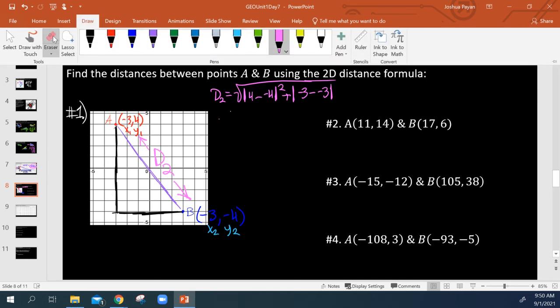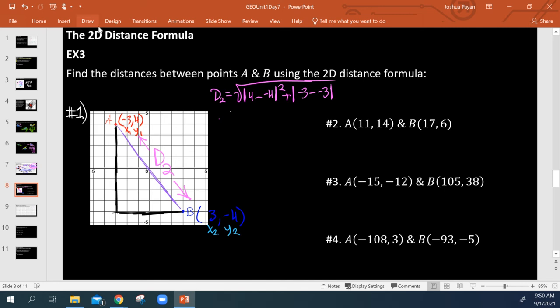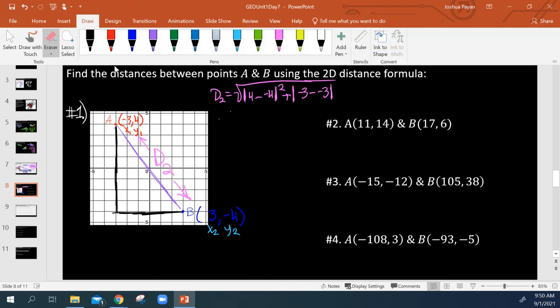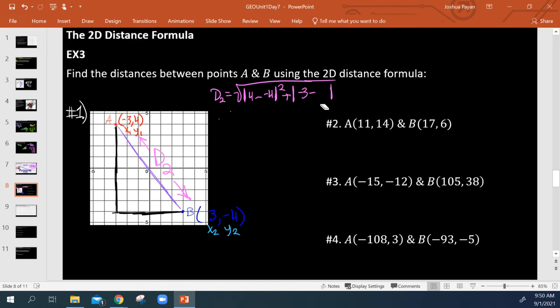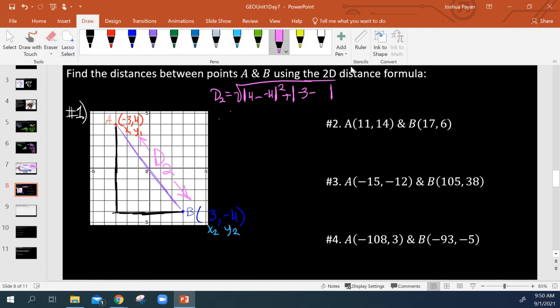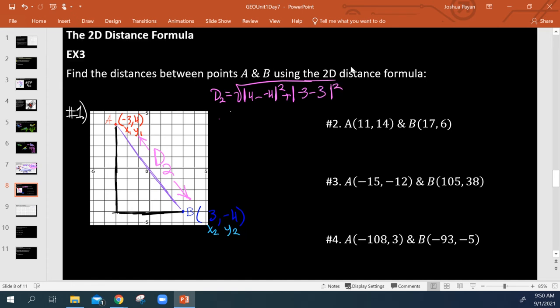And that should not be negative. I don't know why I put that. That's a positive 3. I said it out loud, and I still wrote a negative. So that should just be a positive 3. Minus 3. All of that squared.